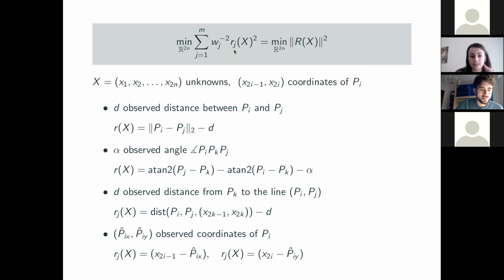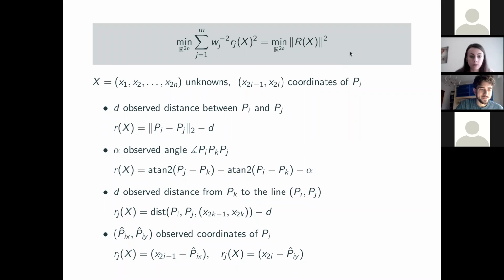And then for each observation, we define a residual function, Rj, where the analytical form of Rj, of course, depends on the kind of observation it corresponds to. So we will define Rj differently depending on whether the observation is a distance or an angle and so on. And then we also divide each residual function by the standard deviation of the corresponding measurement. And this is something that is available to us in the data that we receive from the cadastre. So this is the optimization problem that we want to solve.